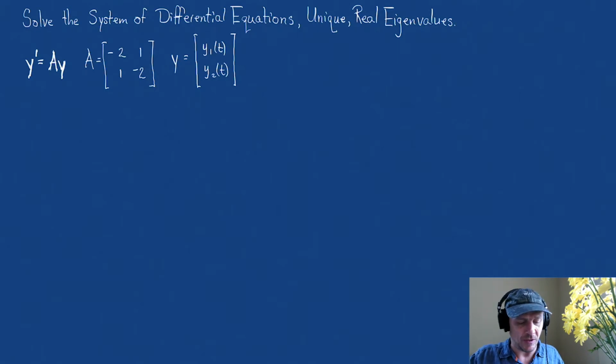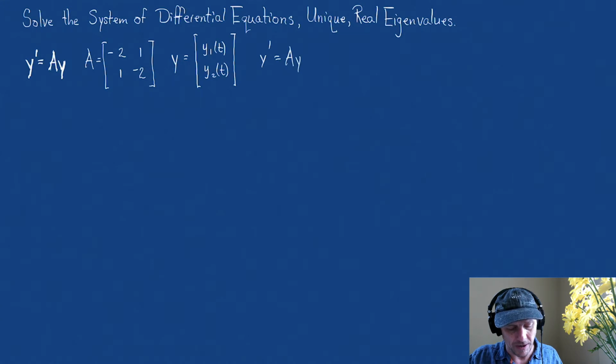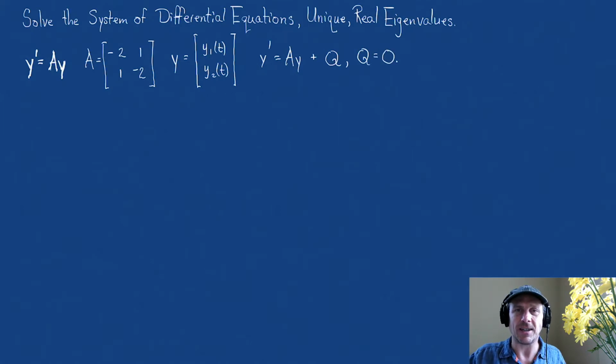Well, what we're really solving is the system of differential equations y prime equals A y, these are vectors, plus q. Well, what is q? q is the source function, but in this problem, q is 0. So really, we're finding the null solution. So let's do that.